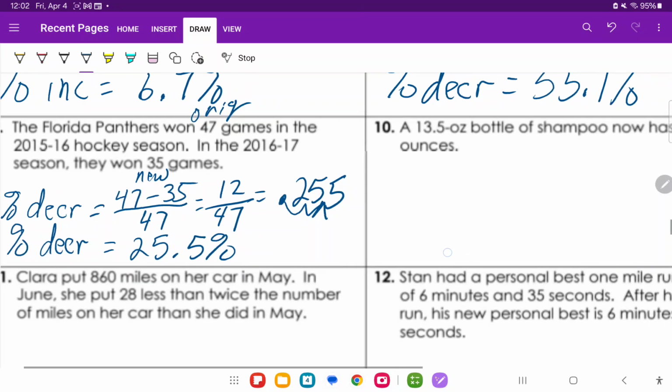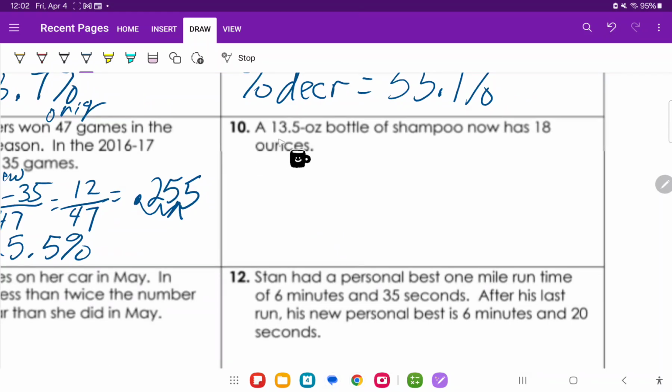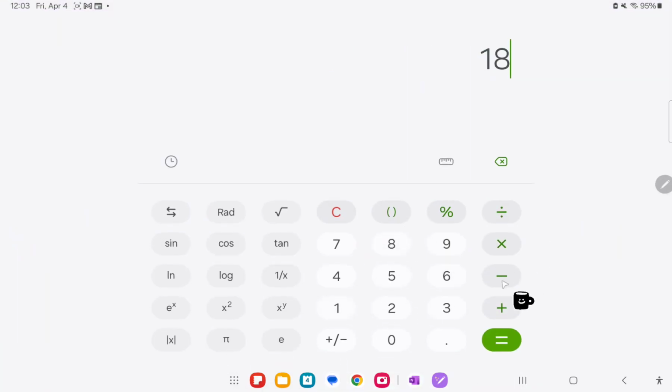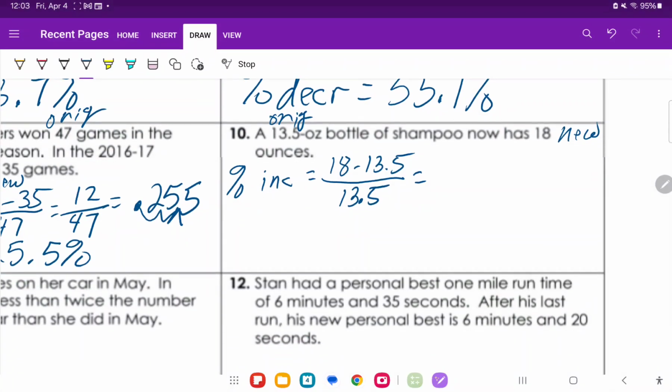is 25.5%. Okay, number 10, 13.5 ounces of shampoo now is 18 ounces. So this was the original. This is the new ounces. It's a bigger bottle. So that is a percent of increase. So it's going to be 18 minus 13.5 over the original, which was 13.5. Right, so 18 minus 13.5, that is 4.5.